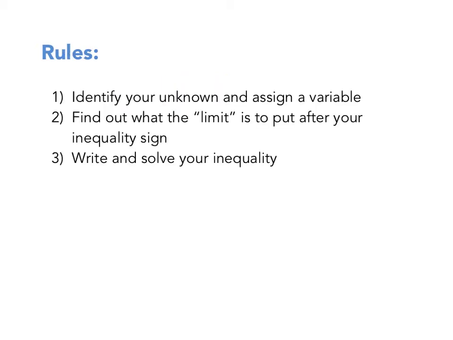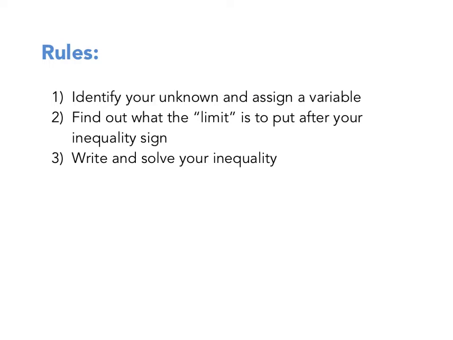So the rules for starting to write your inequalities are: 1, identify your unknown and assign a variable. These steps are much like when we wrote equations from word problems. I've said multiple times that equations and inequalities are solved in very similar ways. It's just their solutions are represented differently.